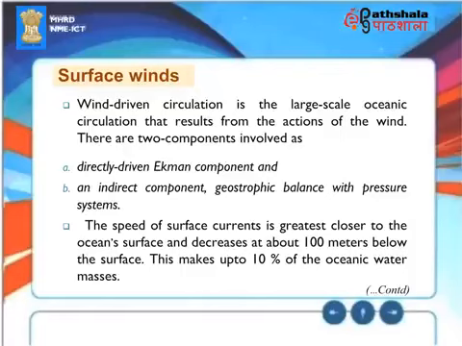There are two components involved: a directly driven Ekman component and an indirect component, geostrophic balance with pressure systems. The speed of surface currents is greatest closer to the ocean's surface and decreases at about 100 meters below the surface. This makes up about 10% of the oceanic water masses.